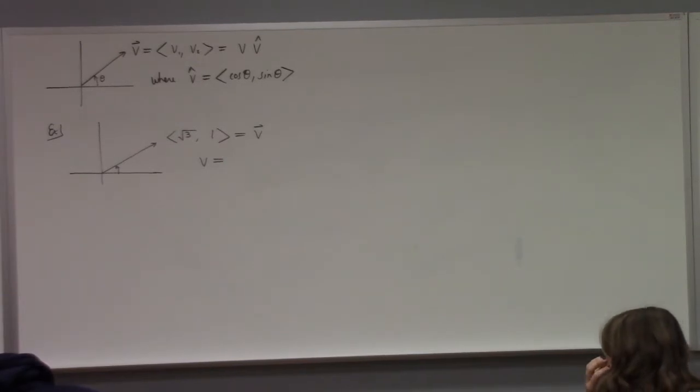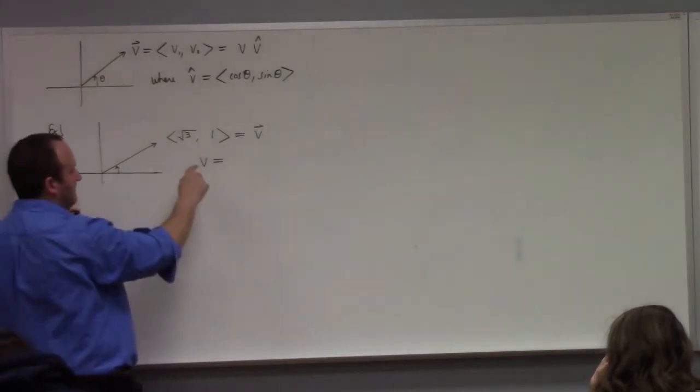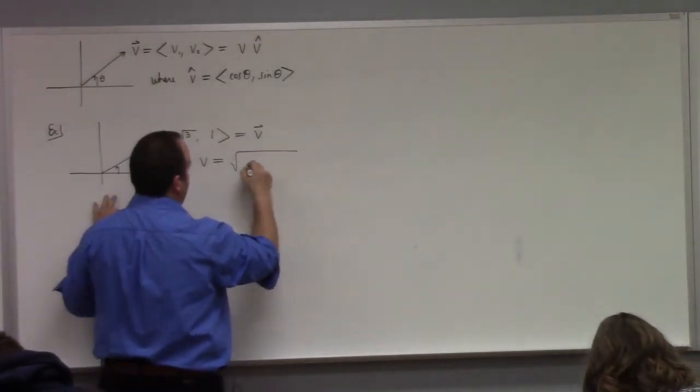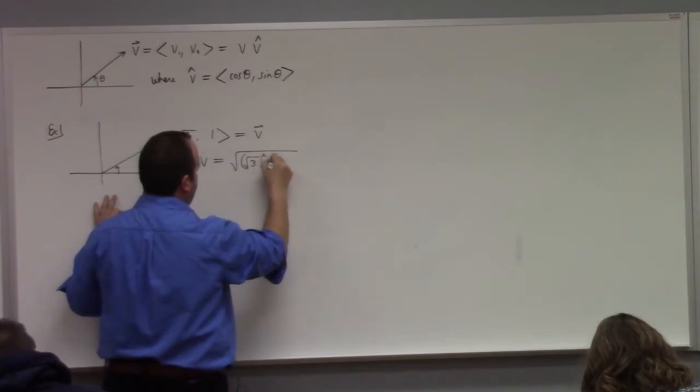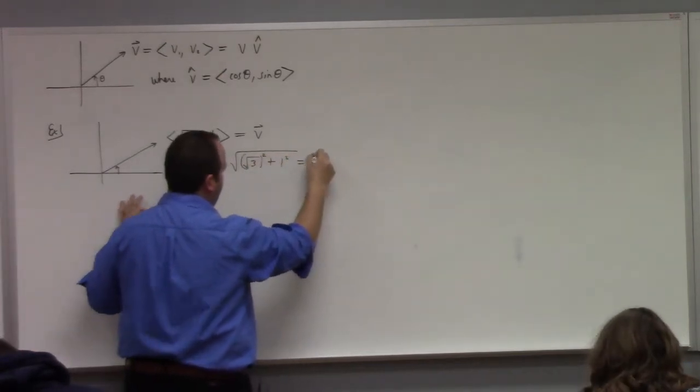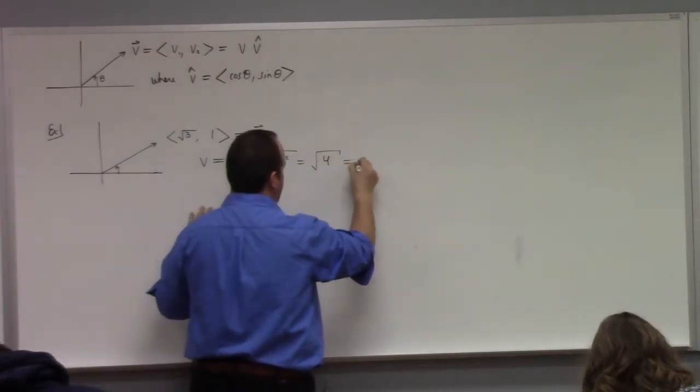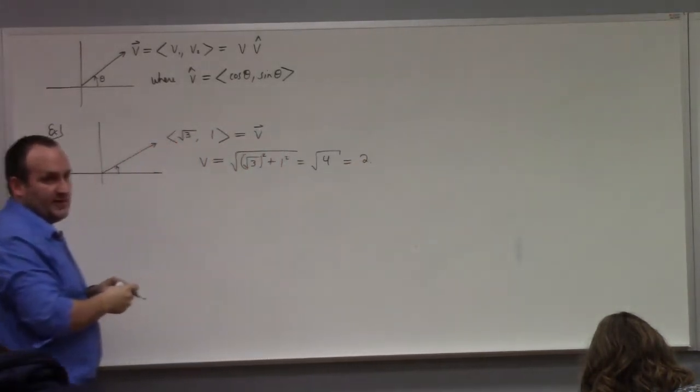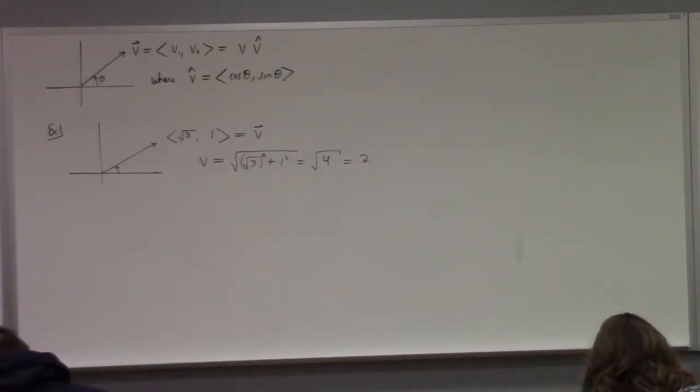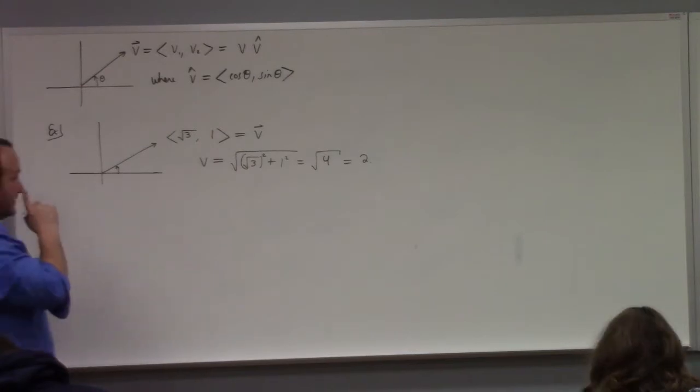You could use w if you don't like v here, all right? Anyway, so what's the length of v? Yeah, square root of 3 squared plus 1 squared, also known as square root of 4. And I think somebody told me 2 a few seconds ago, right? So the length of that vector is 2. So the magnitude is 2.